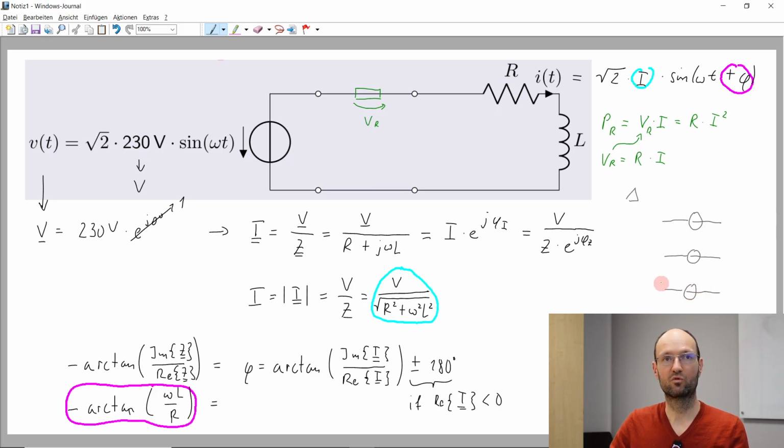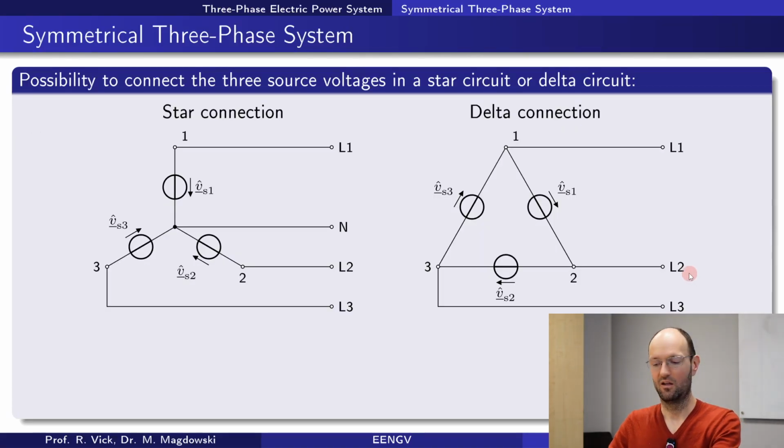And if we would connect them here, we would have the star once again. And so if we connect this to this side, this to this side, and if we somehow connect this to this side, then we have a delta. Even if it does not look too much like a delta, it's a delta connection. And so this would be the first line, this would be the second line, this would be the third line. So if you ever see something like this, this is also some delta connection. Okay.